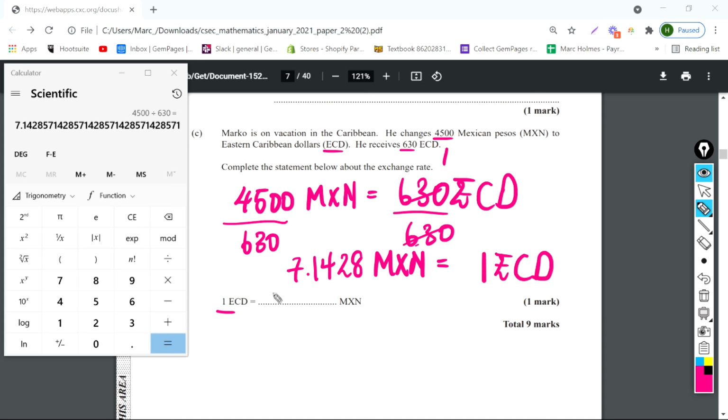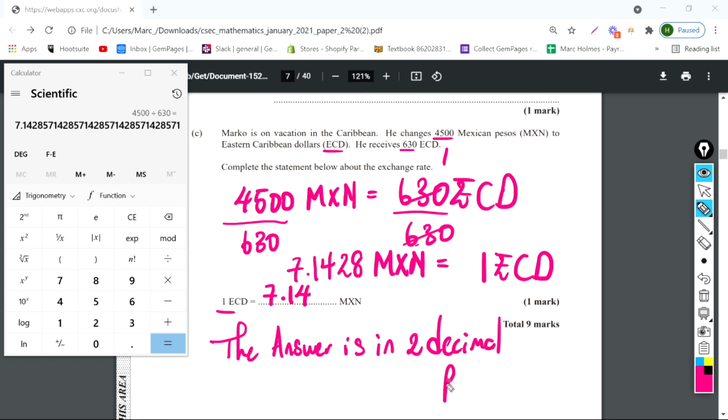1 ECD is equal to 7.14 Mexican pesos, right? You can put in your answer to 2 decimal places. And why, guys? Money is usually in 2 decimal places.